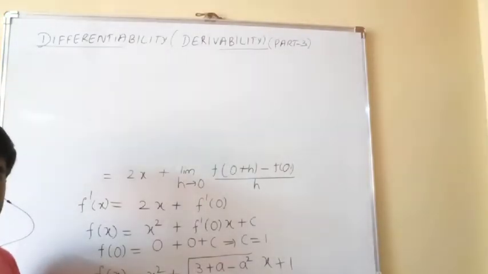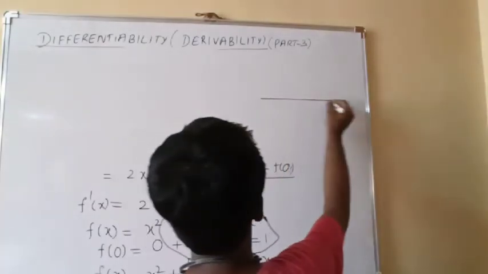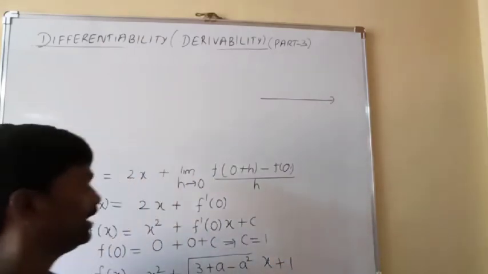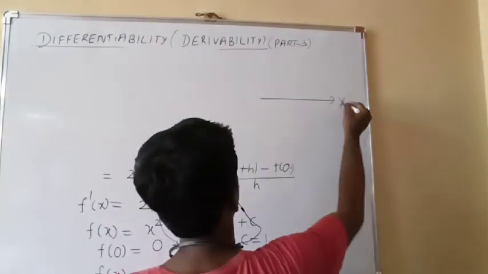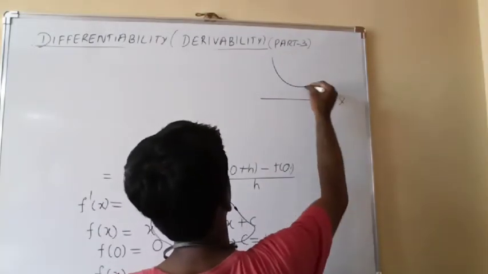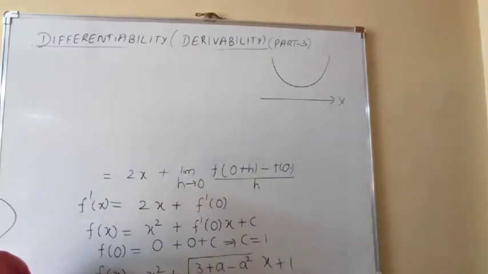Clearly the graph of this function is a parabola, an upward parabola, because the x square coefficient is positive. According to the question we have to show that f of x is always positive. That means we have to show that the graph of the function, this parabola, is completely above the x-axis.